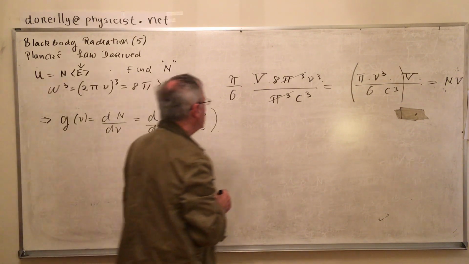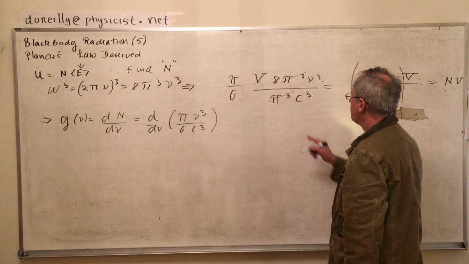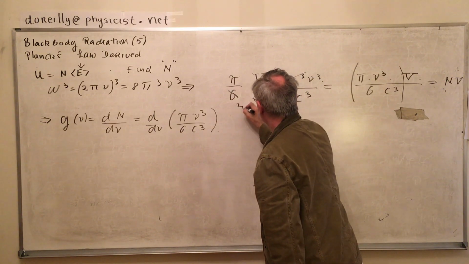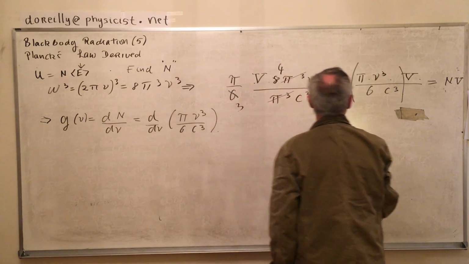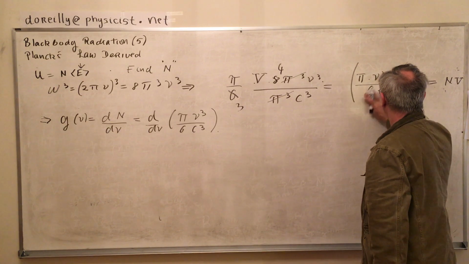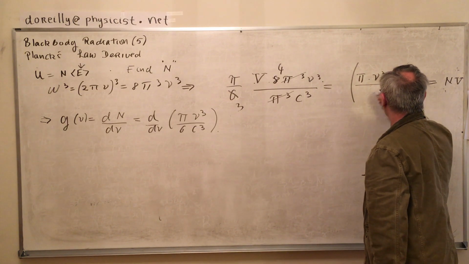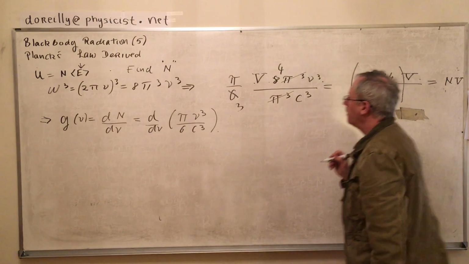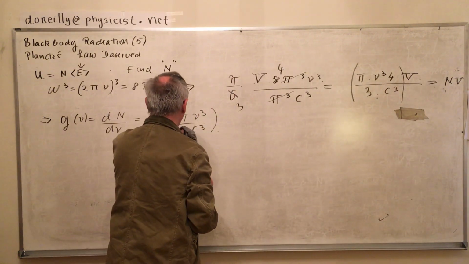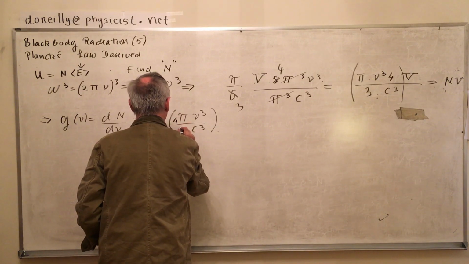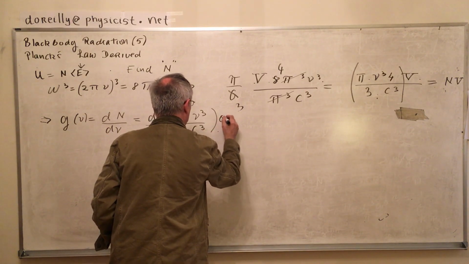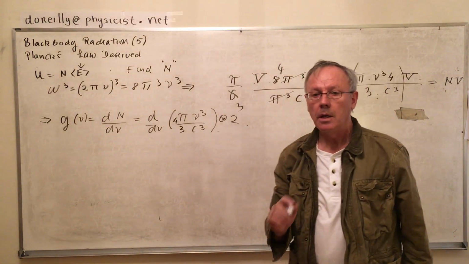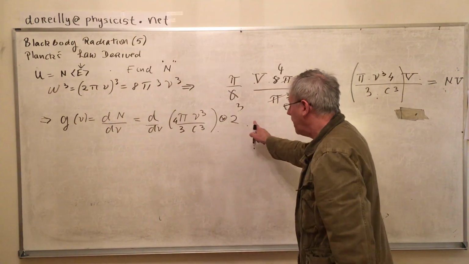Now, is there a factor of 2 missing here? We get 2 into that goes 3 times, 2 into that goes 4 times. So I got that wrong. Four over 3. Sorry. Now I have to multiply by a factor of 2 to take into account 2 polarizations. So there's a factor of 2 here.